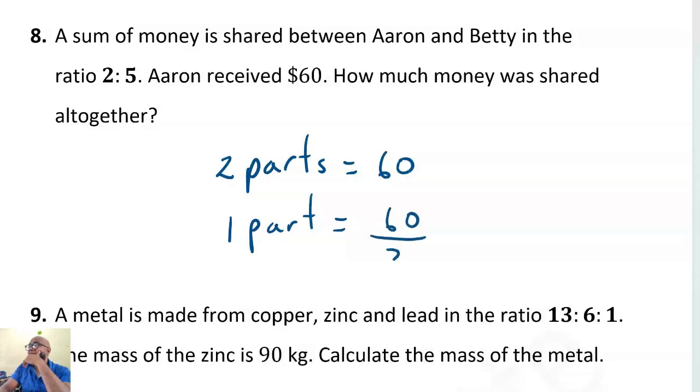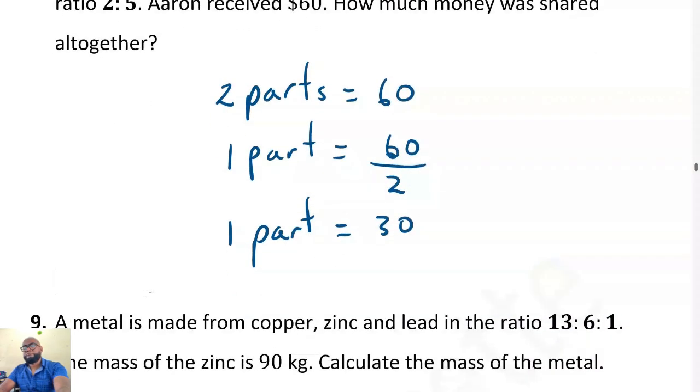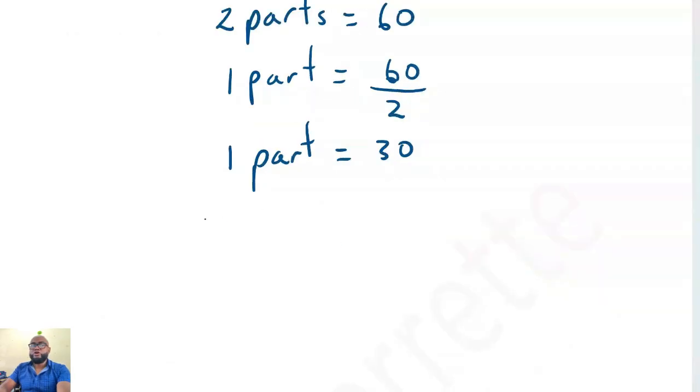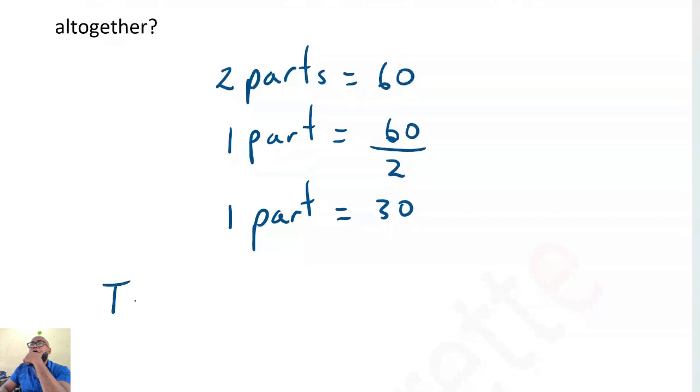So 1 part is 60 divided by 2. Remember, when we're doing these types of ratio questions, the mission is to find out what 1 part is. Everybody good there? So, therefore, what he asks us to find out is how much money was shared altogether. What would be my total parts?